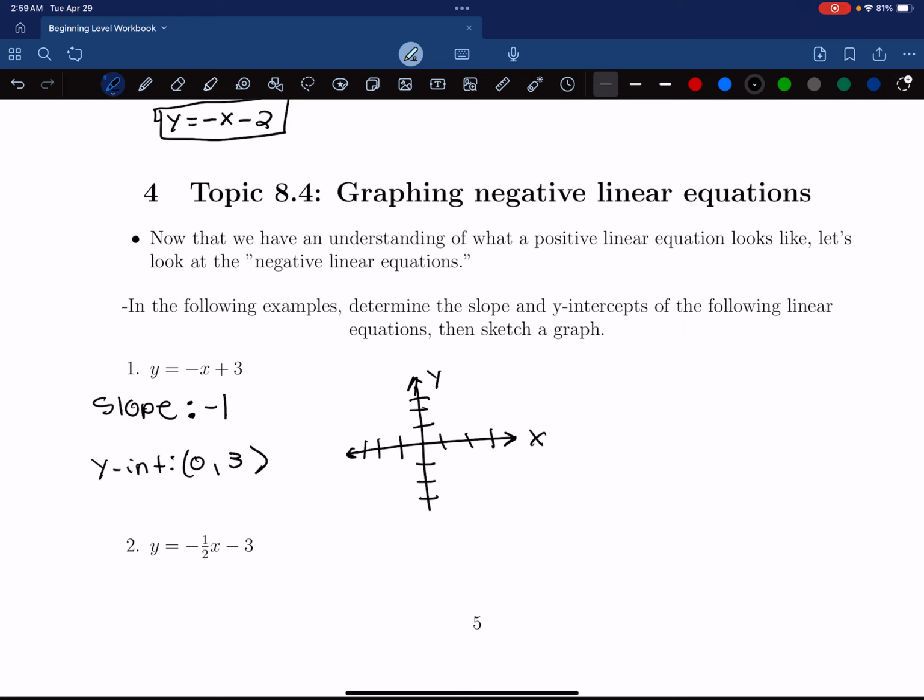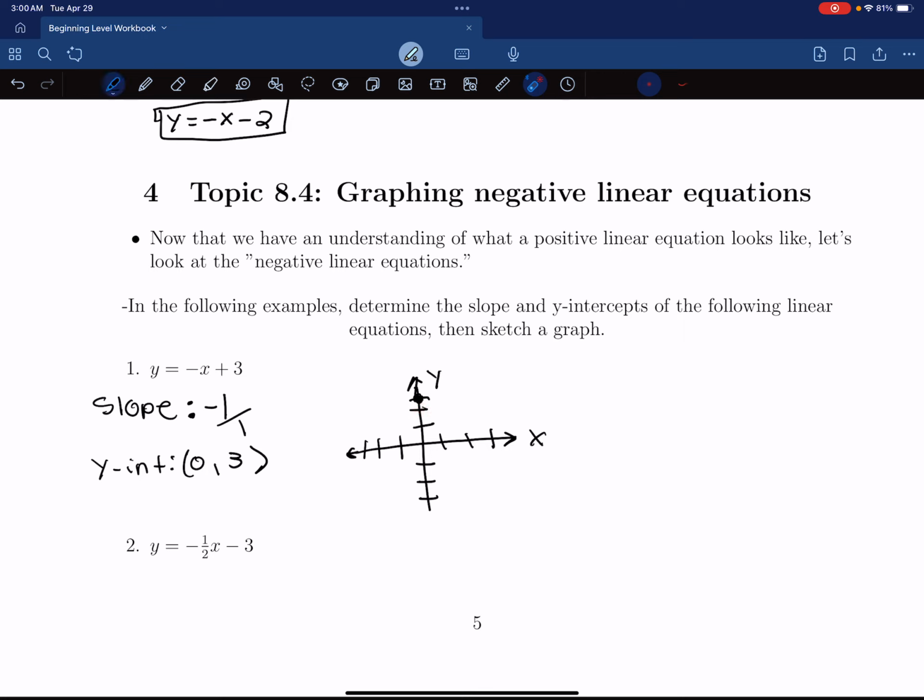So we're going to plot our y-intercept, which is (0, 3), and then our slope is -1. In this case, because it's -1, we're going to be going down 1. Let me actually rewrite the slope as -1 over 1. So we're going to be going down 1, and then right by 1.